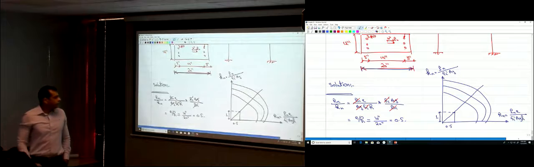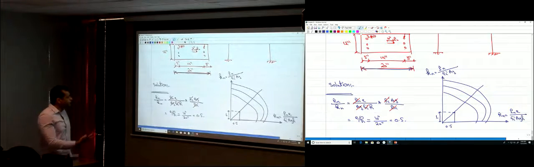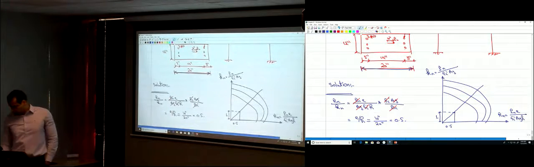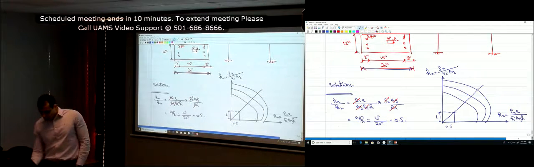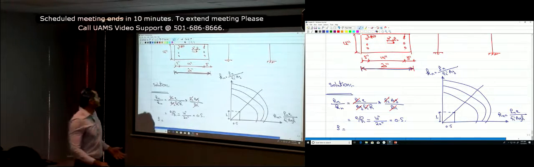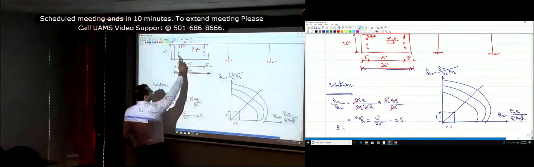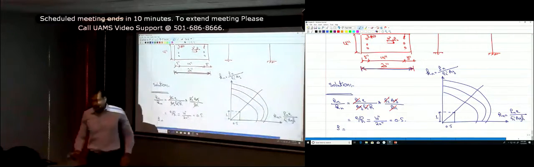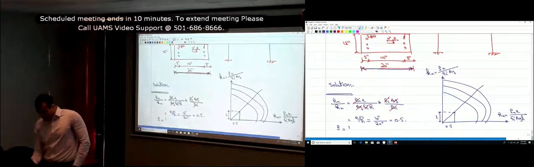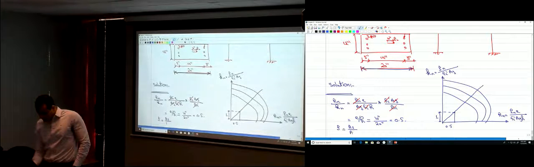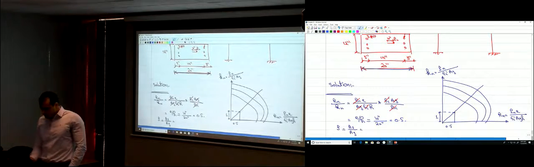Now, how much is rho for that column? Rho is given. It's an analysis problem. Rho is the area steel divided by the area gross. How much is the area steel?